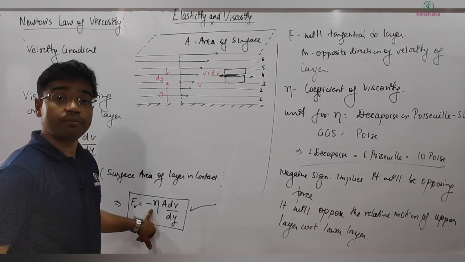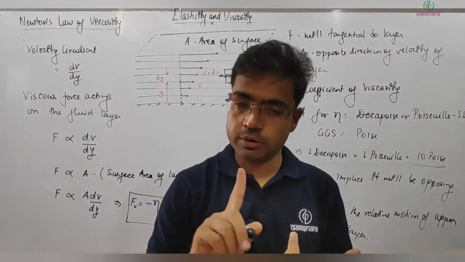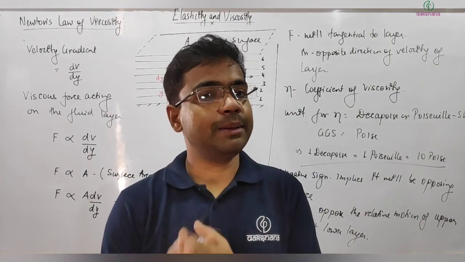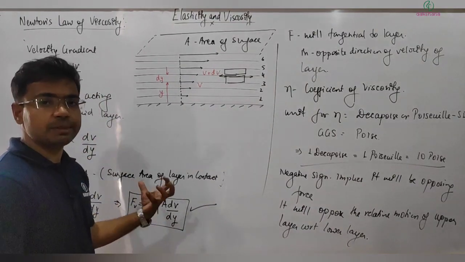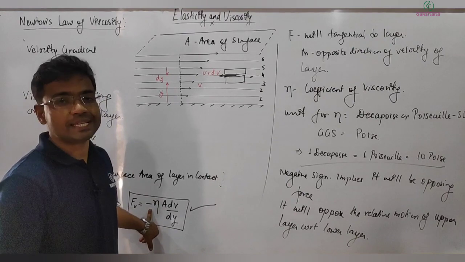Eta is the fluid property. Eta will be depending on what? It depends on pressure, temperature and fluid. So when you change the pressure, temperature or fluid, only then will your eta change. So eta is the measurement of viscosity; we measure it in terms of the coefficient of viscosity.